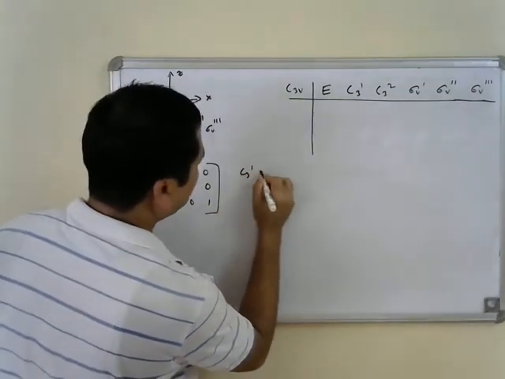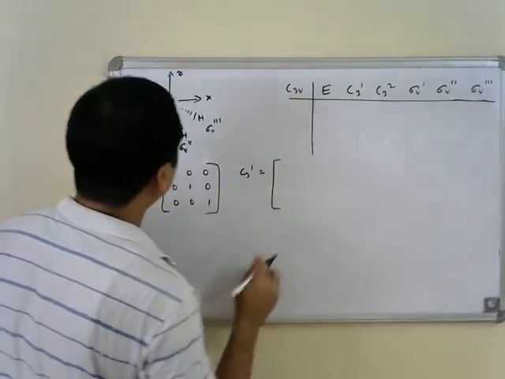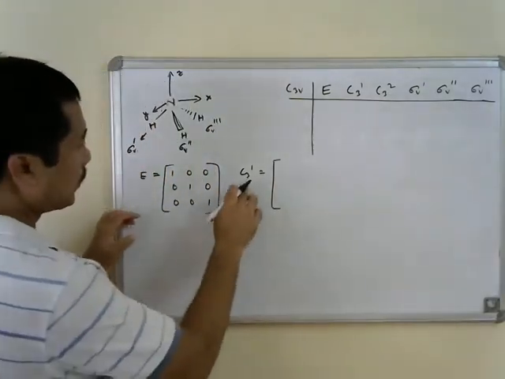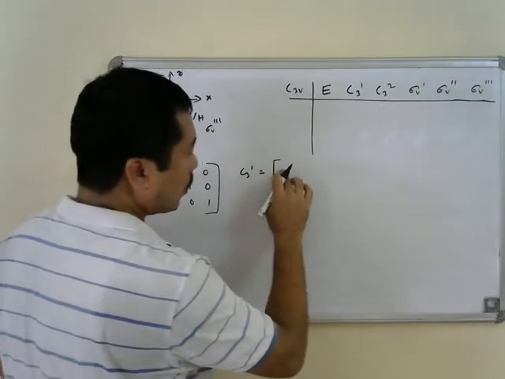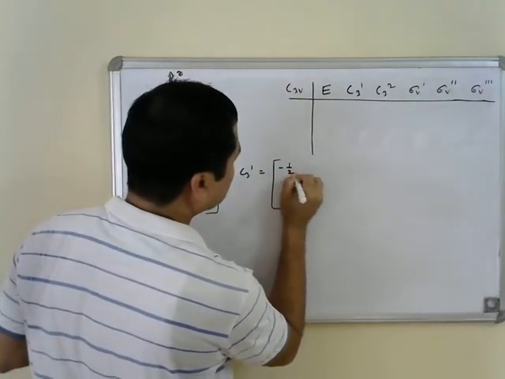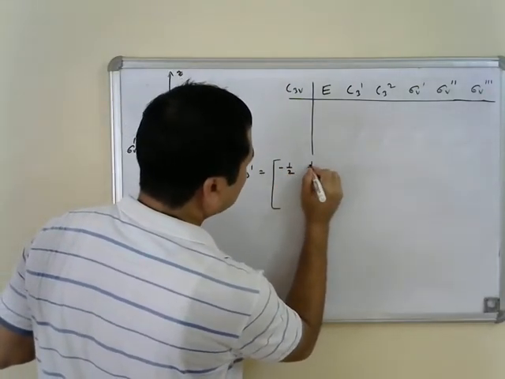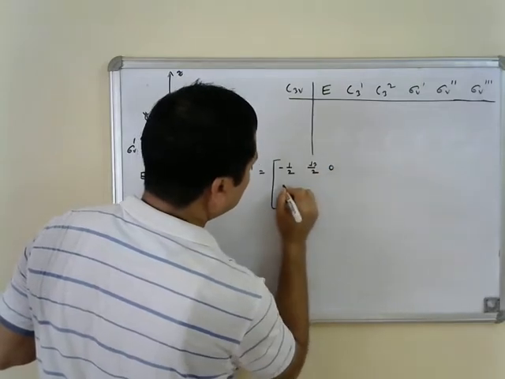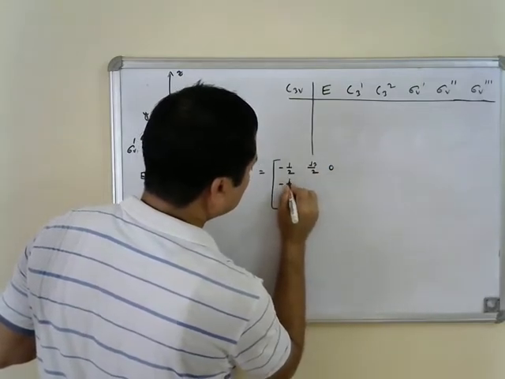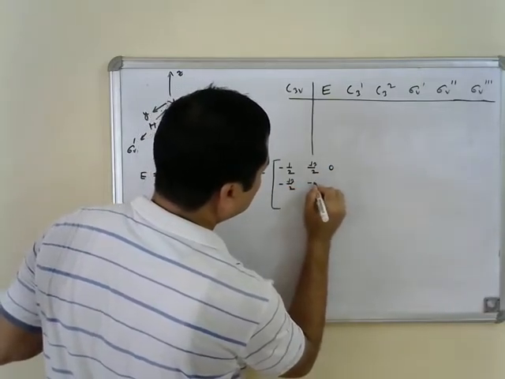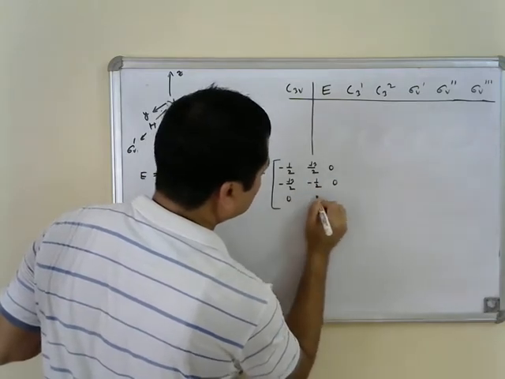For C3 1, we know it is going to be cos 120, because of 120 degree rotation, which is equal to minus half, sin 120, root 3 by 2, 0, minus sin 120, minus root 3 by 2, cos 120, minus half, 0, 0, 0, 1.